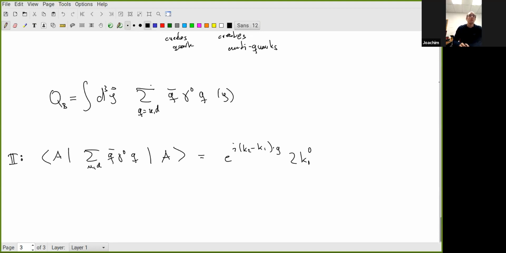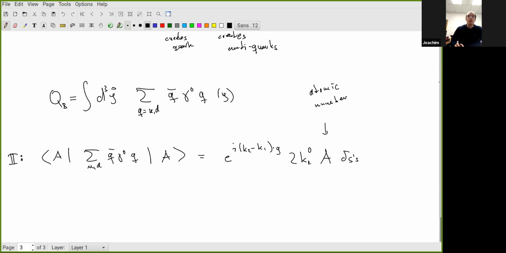It's just the 0 component because we take only the 0 component into account, and then this factor is just the baryon number, and the baryon number of a nucleus is just the atomic number A. So A is the atomic number, it's just the number of baryons in the nucleus, essentially, so protons and neutrons. And then delta S primed S if the nucleus has a spin.